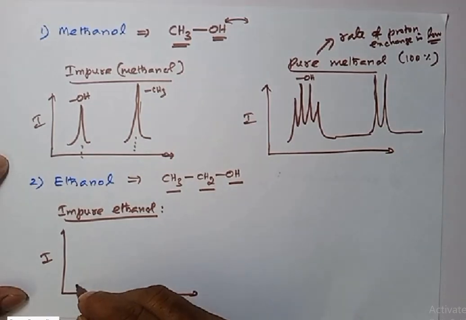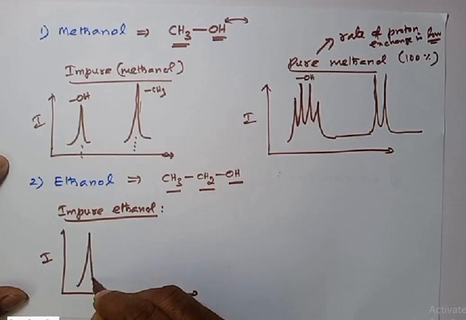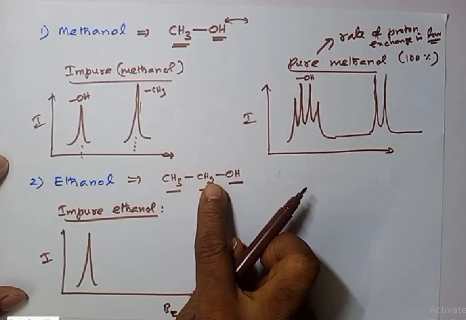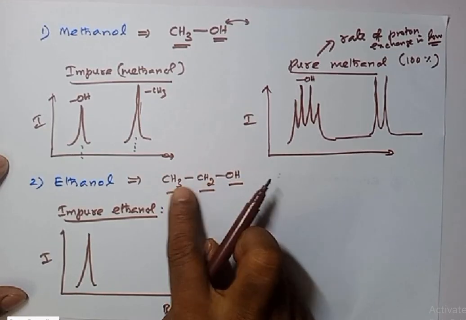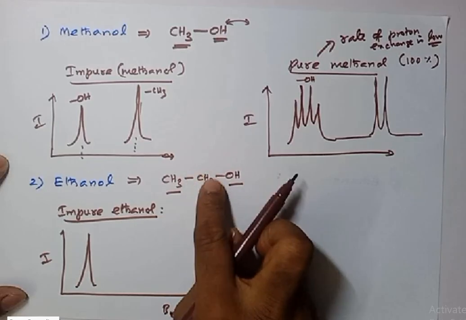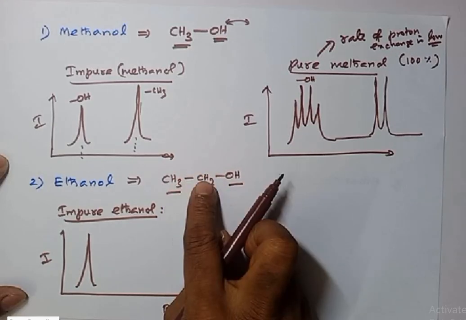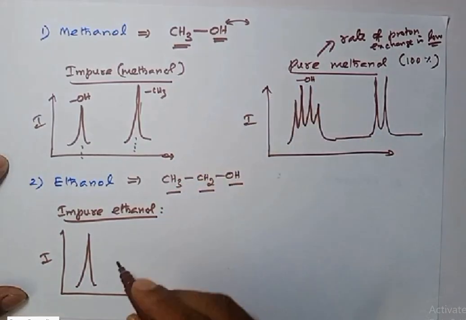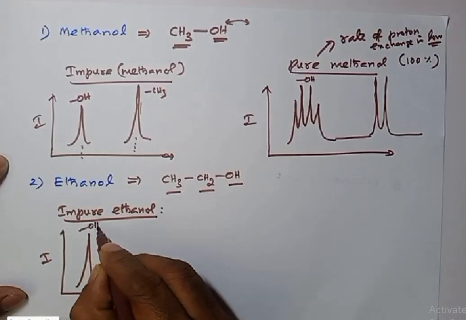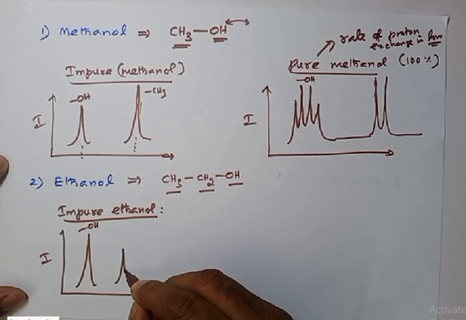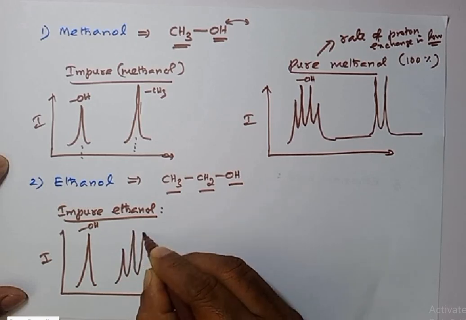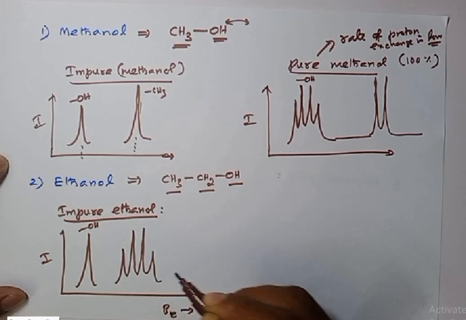The OH proton appears as a singlet in the downfield. Then the CH2 proton does not couple with this hydrogen, but it can couple with the methyl. So the CH2 signal is split by the methyl protons into a quartet. This is the OH signal, and the CH2 methylene signal is split into a quartet like this.